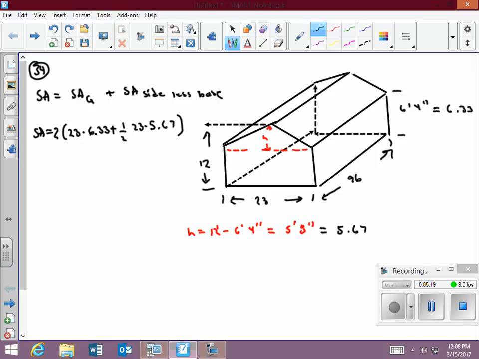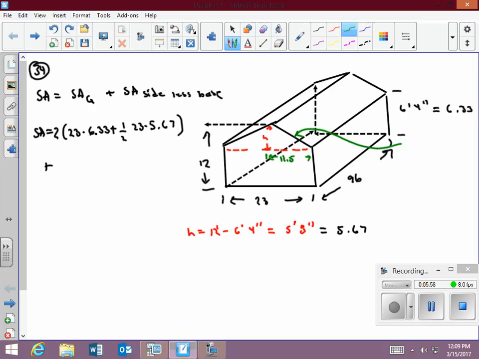And then we have to add to that. In order to do this, we're going to have to calculate this, because we have to have that part of the perimeter less that 23 on the base. The distance from here to here is going to be half of the 23, so it's 11.5.